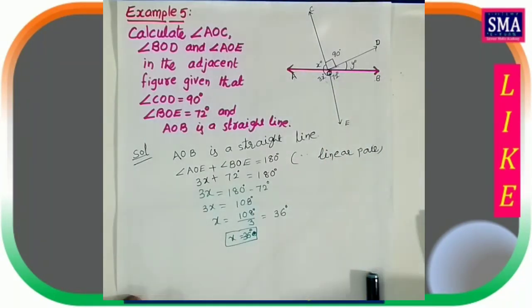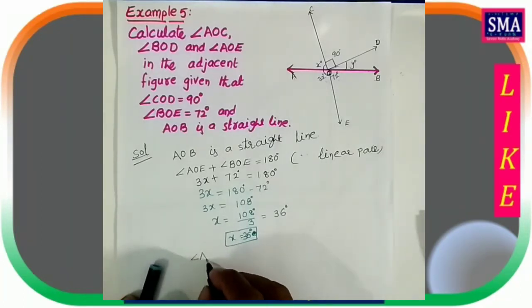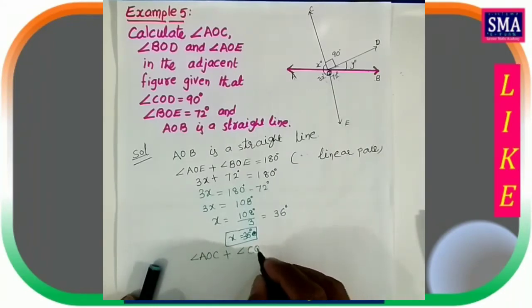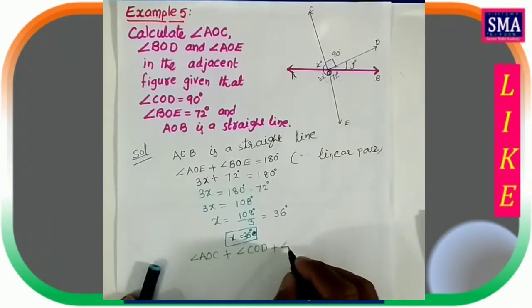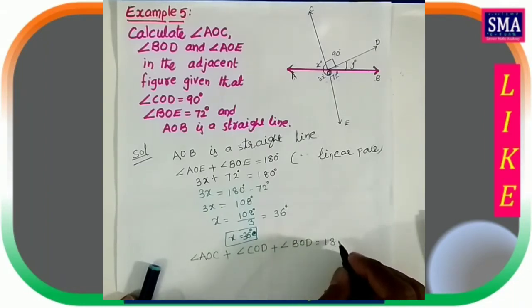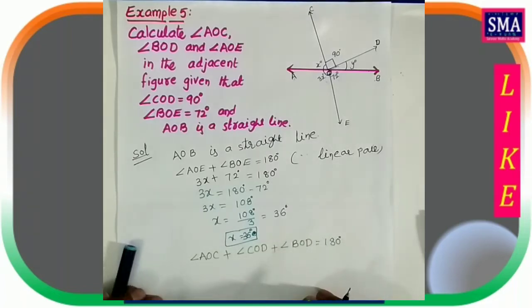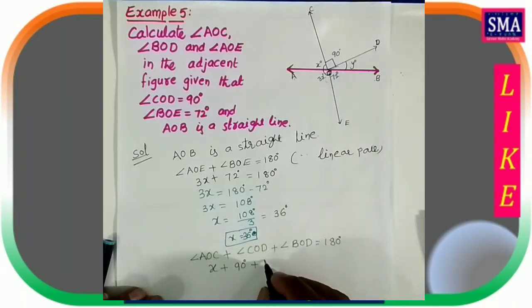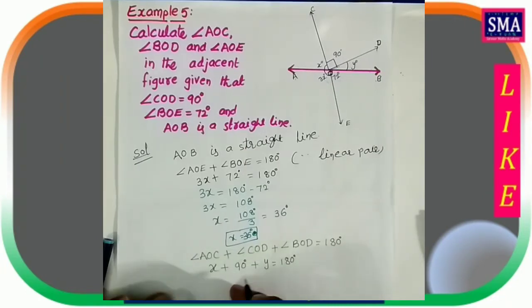Therefore, angle AOC plus angle COD plus angle BOD equals 180 degrees. So angle AOC is x degrees, COD equals 90 degrees, BOD equals y degrees, equal to 180 degrees. x plus 90 degrees plus y equals 180 degrees.